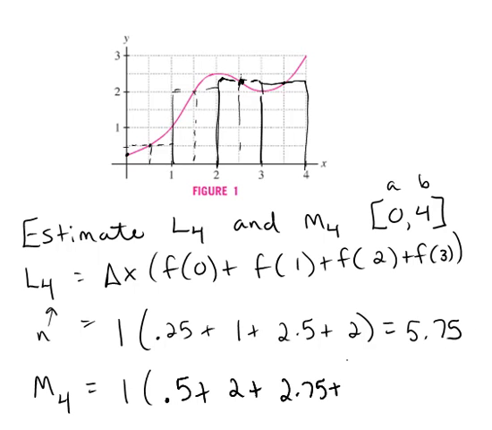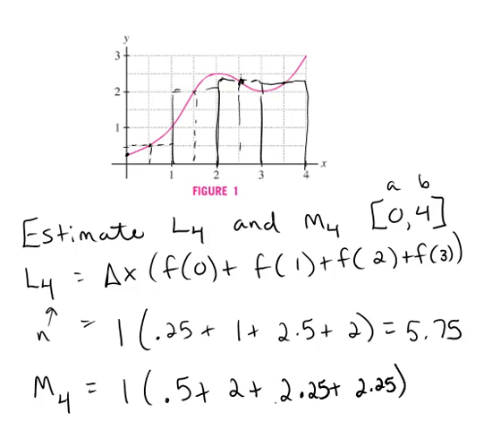Or maybe not, let me see. Now this would be 2.5, so maybe 2.25. That's a little better. And then the function value at 3.5, it's almost the same really. It looks about the same.